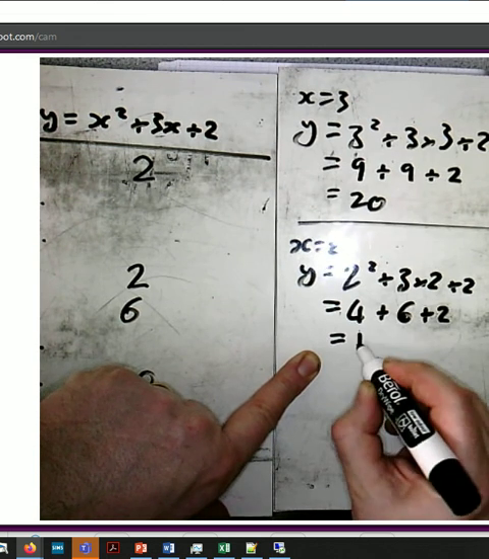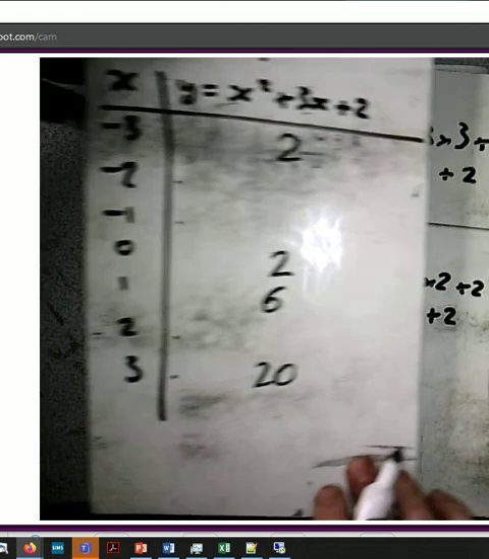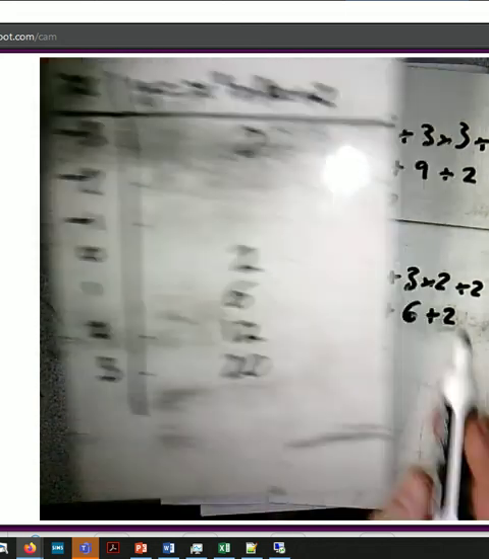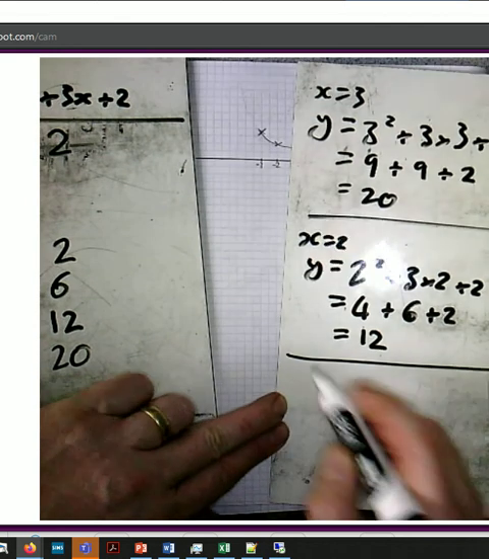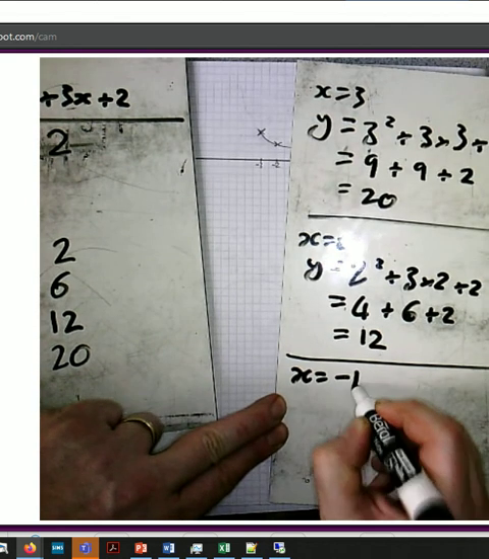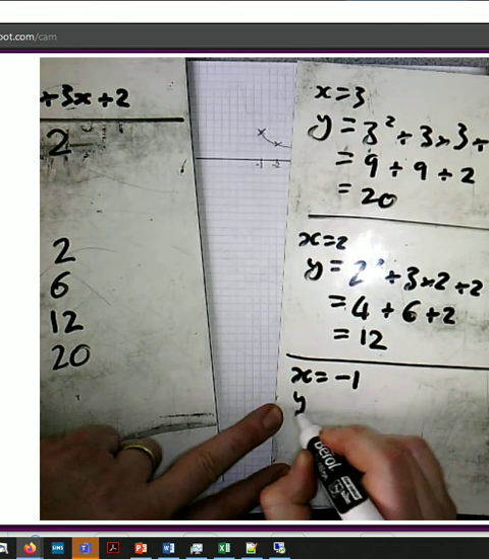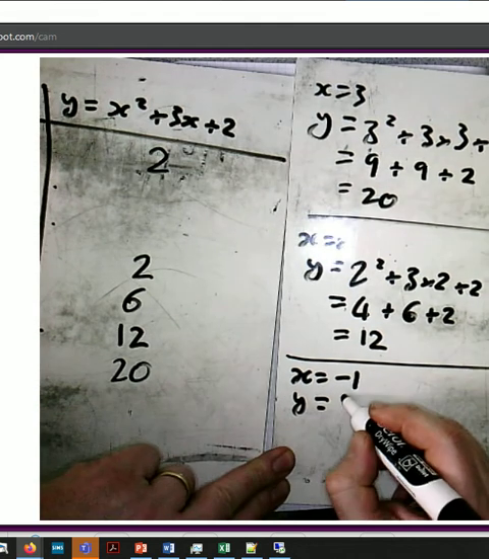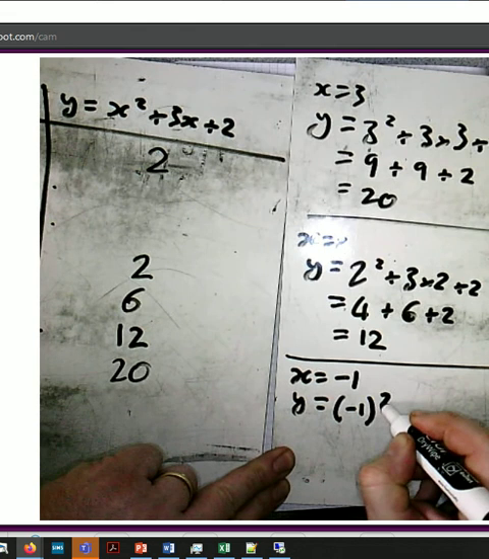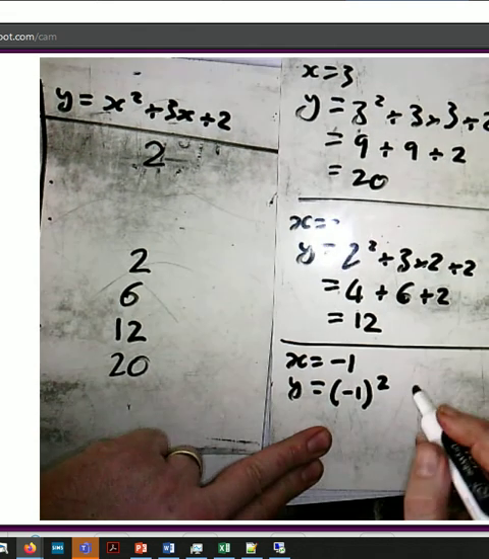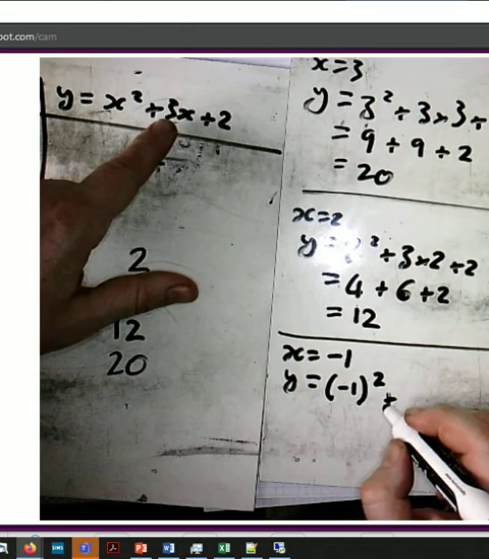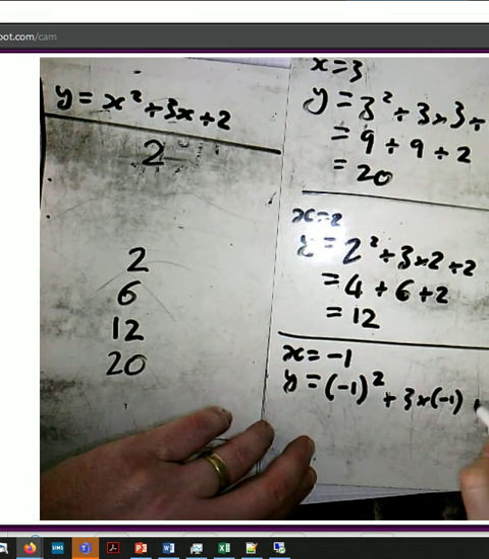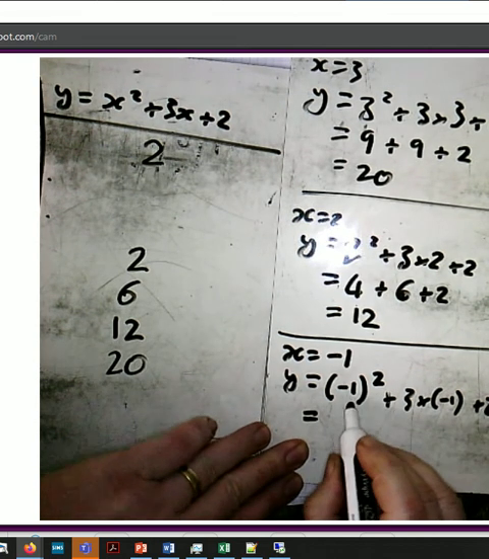Now I'm going to look at the negatives. So let's say x is minus 1. Y is, well, it's still x squared, and whenever I do negatives I put them in brackets, plus 3 times negative 1 plus 2. Minus 1 times minus 1 is positive 1, because a negative times a negative is a positive.